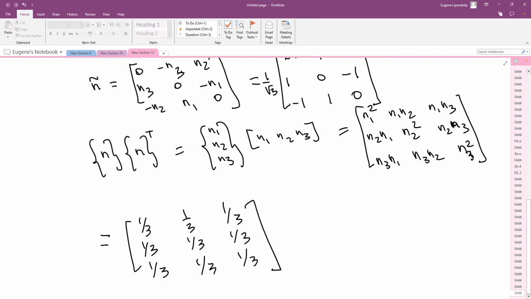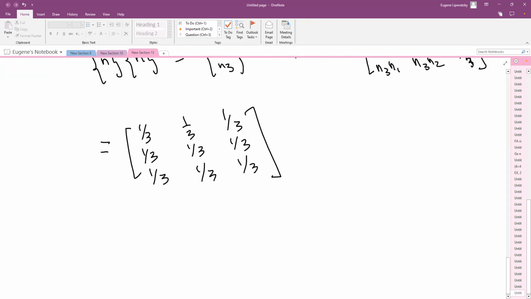Or we can write it as 1/3 times a matrix of all ones. That's all we need, and now we'll do the computation.